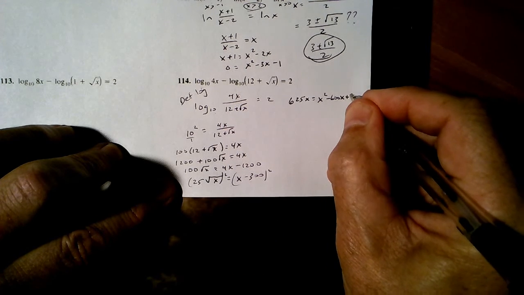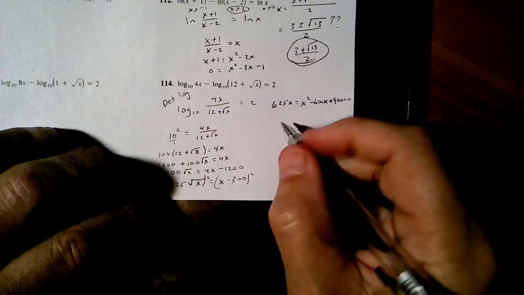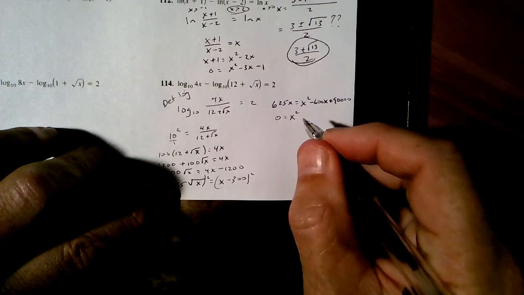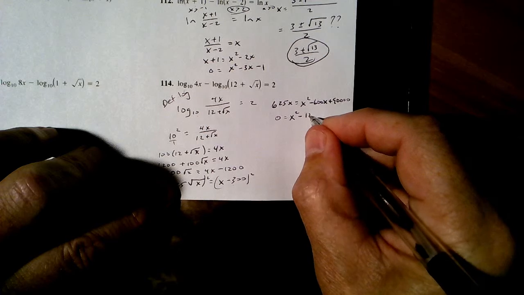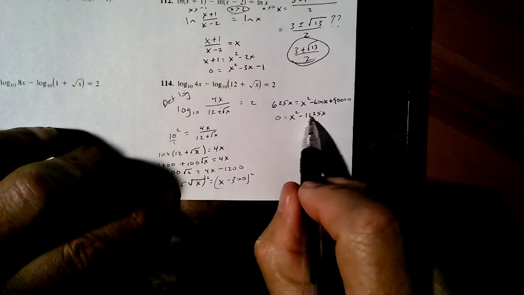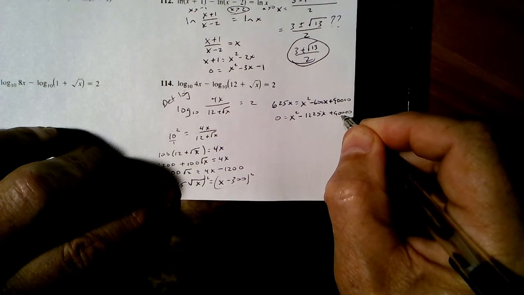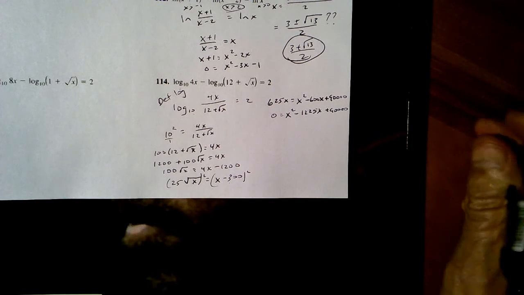That's 3 times 3, 9, and 4 zeros. So I get 0 equals x squared minus 1225x plus 90,000. Guess what I'm going to do next?